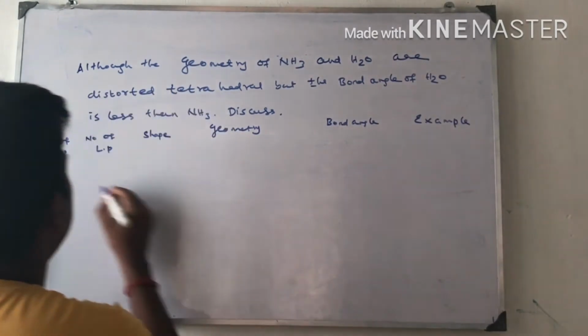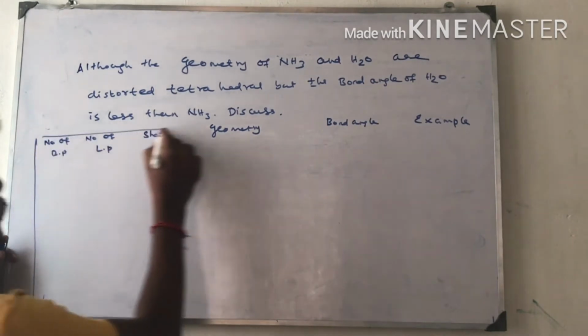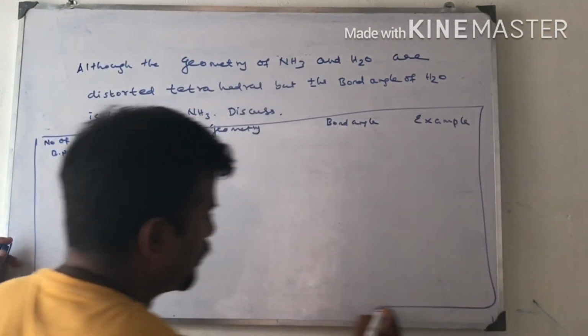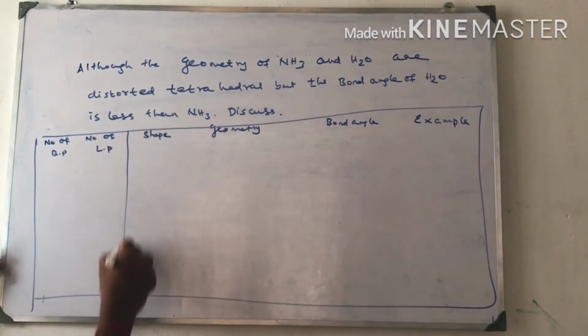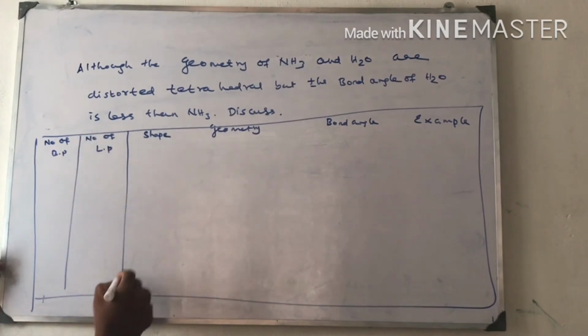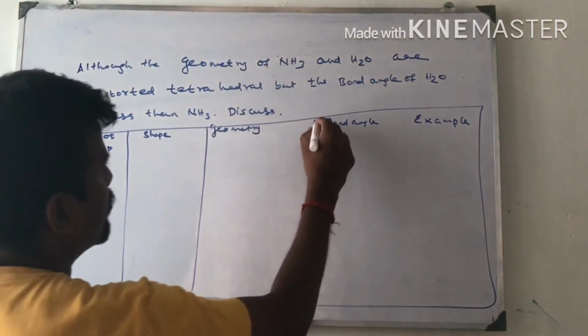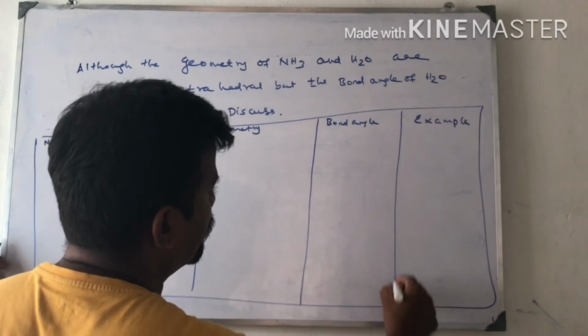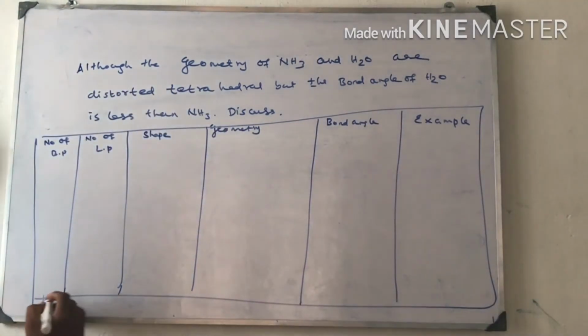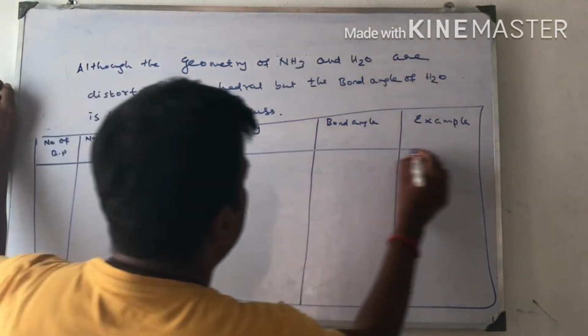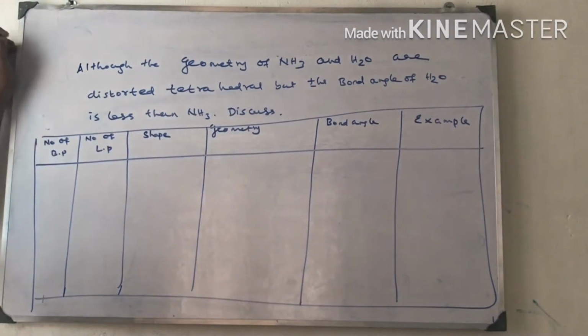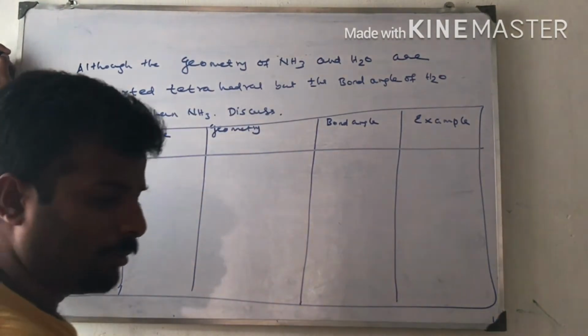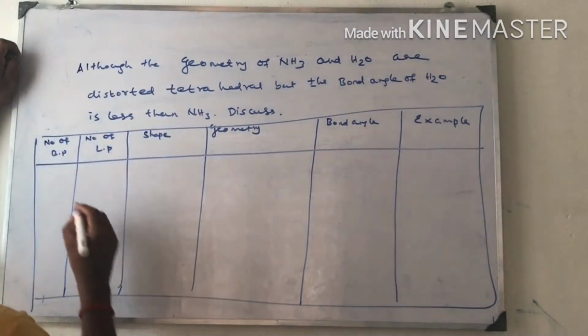So this table is given in your textbook, a very important table. Now I am going to use this table for our convenience. So first I am going to take three examples for my convenience: water, ammonia, and methane.